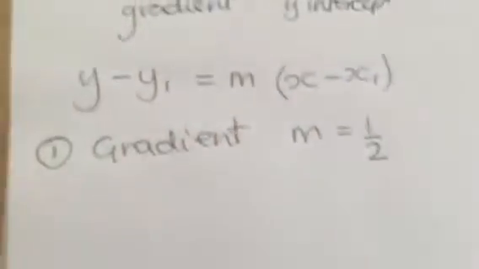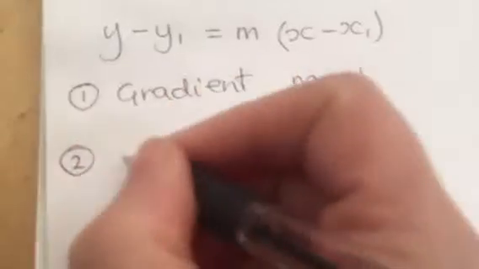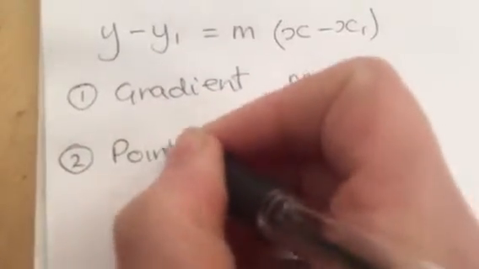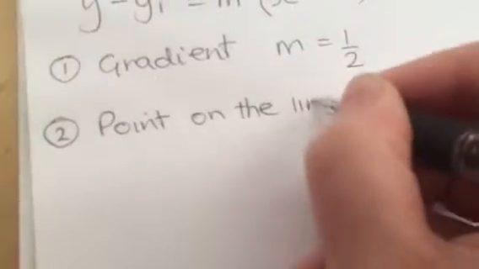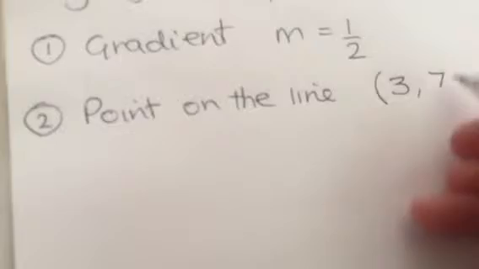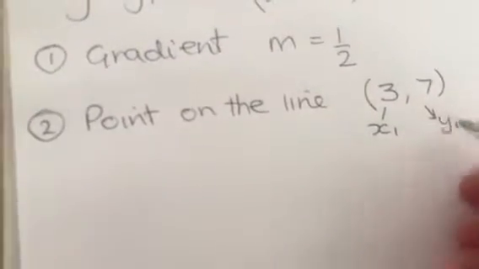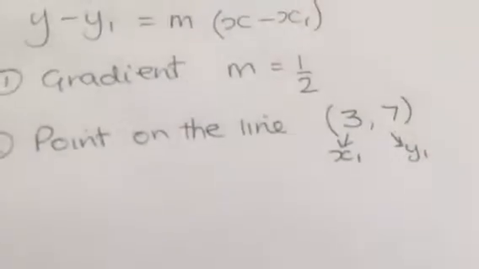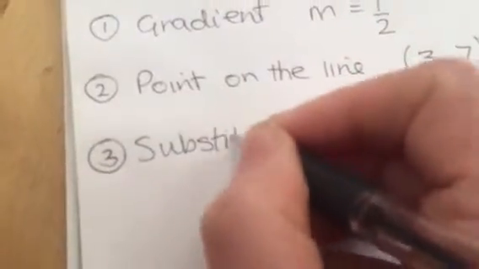So in this case we're going to say what if the gradient was a half. You then find a point on the line. It just needs to be 1 point on the line, and in the exam write that out clearly. We're going to use the point (3, 7). Make sure you label it x1 and y1 so that you avoid any careless errors. And then you substitute that into the equation.